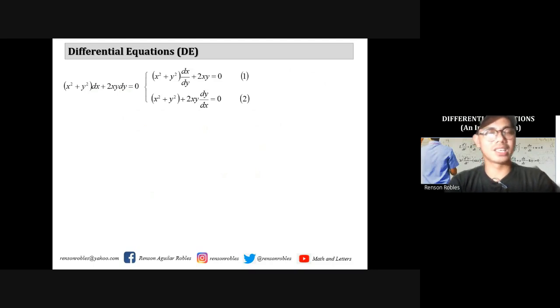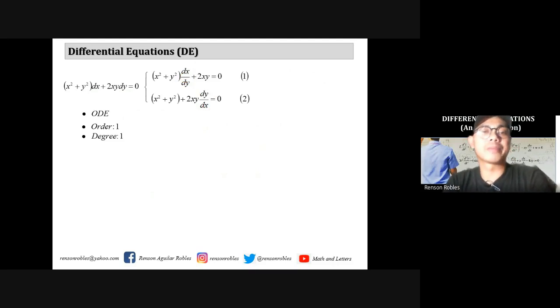Is this ordinary or partial? Since the given derivative is ordinary, then that's an ordinary differential equation, of order 1 and degree 1. You can see it right here: the highest order is the first order derivative, and it's raised to the first power, as in equation 2, dy/dx raised to the first power.